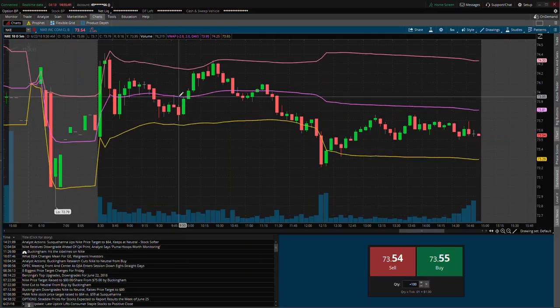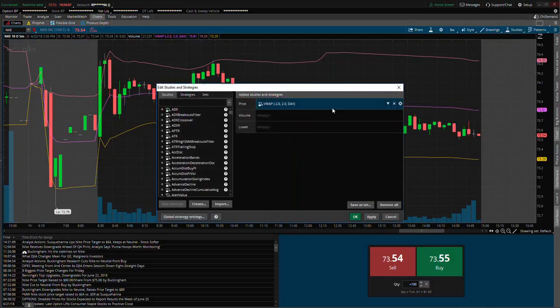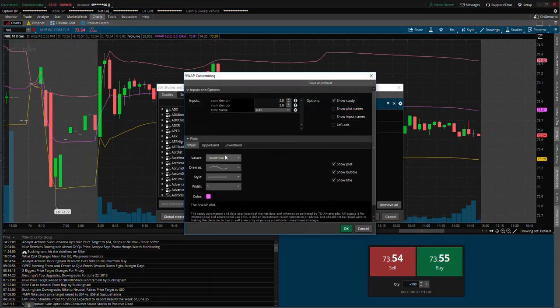With me, I like to change this middle one because that color is pretty similar to that color, and also I have other EMA lines that look like that as well, and I don't need to be making decisions off of a line and mistake it for something else. So I'm going to go back up here to studies, edit, and I like to put the dash line.